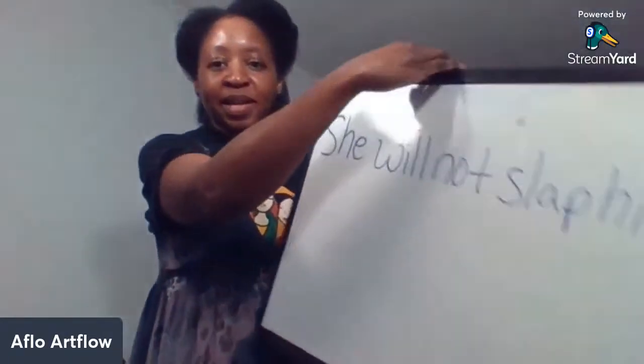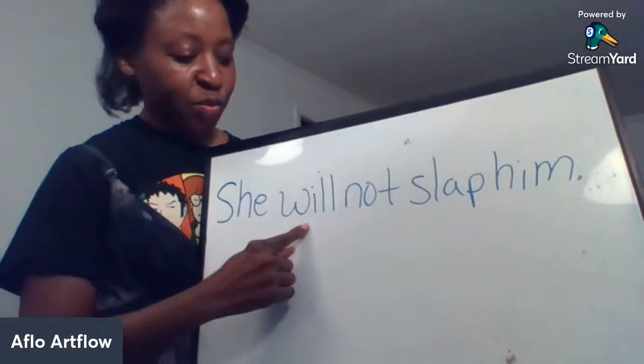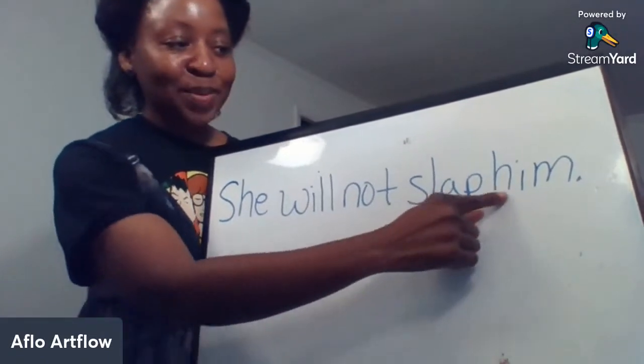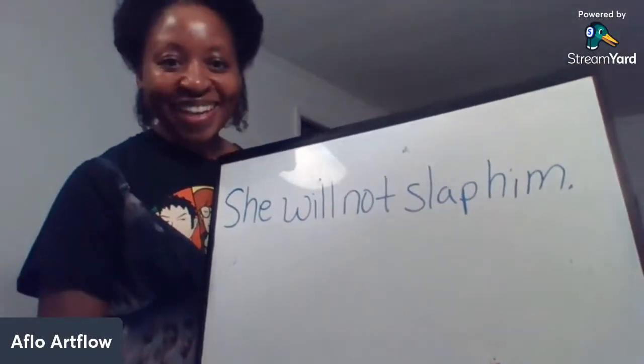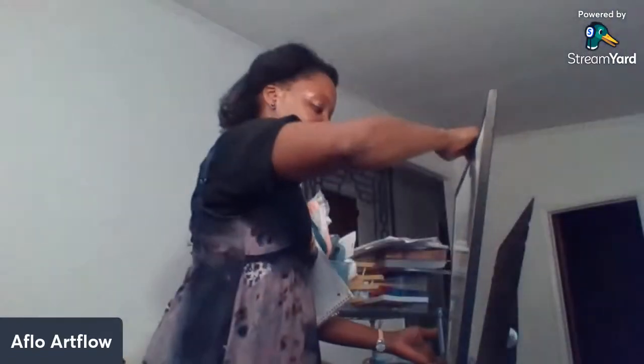And I was just thinking of some quick sentences really real fast. Oh, Manny 36. Excellent job. That was super fast, Manny 36. She will not slap him. Good job. That is written correctly. And here we go. She will not slap him. And a period at the end. There you go. Almost finished.